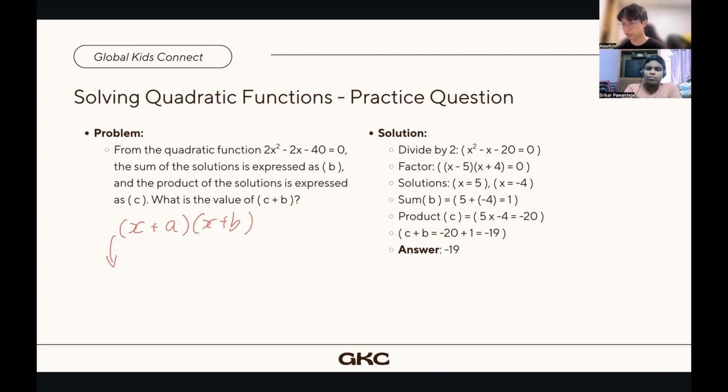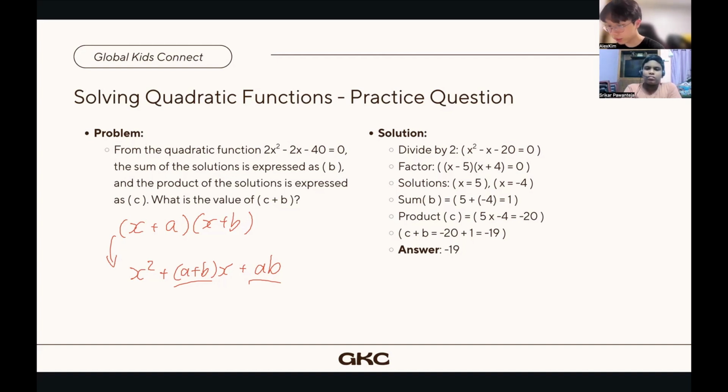and solved again, you can actually analyze the full quadratic function in order to find the sum and product of the solutions. Because we know that the coefficient of the x value will be related to the sum of the solutions, and the constant will be the product of the solutions, which is exactly what we are asked to find.